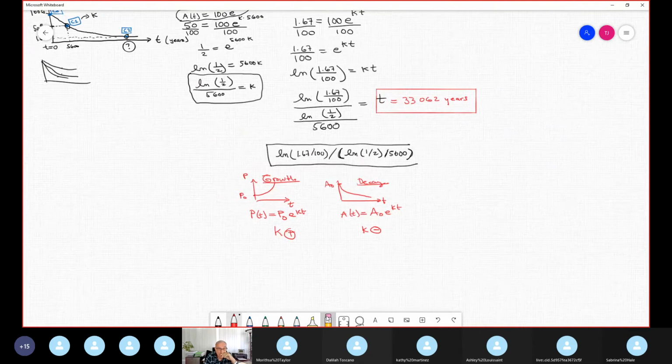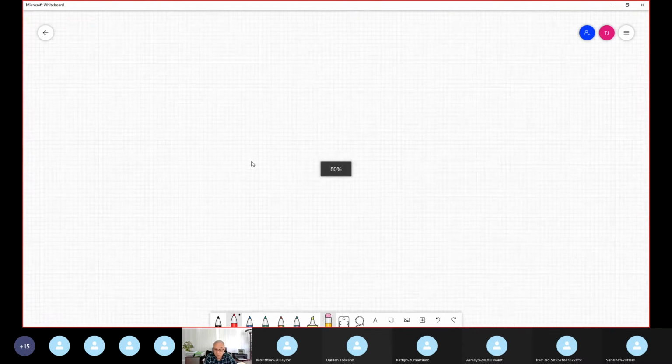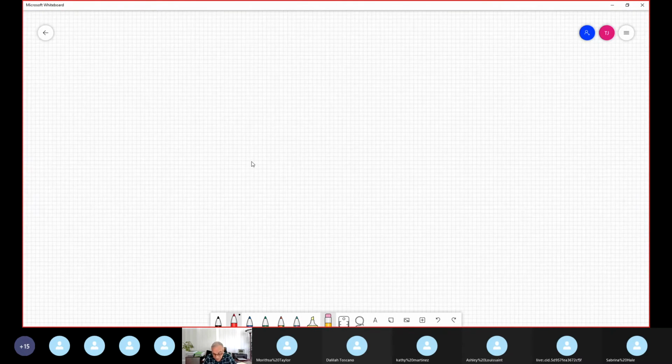Okay, another problem that we need is temperature, which is a little bit different. Suppose we have one object. And this object has one specific initial temperature. I call it Ti, initial.